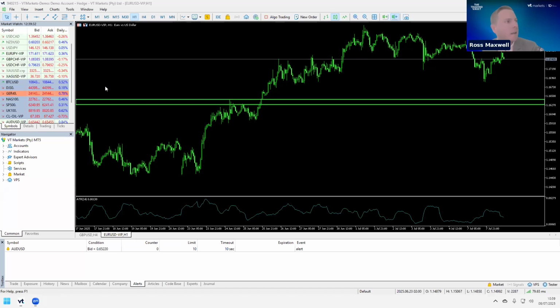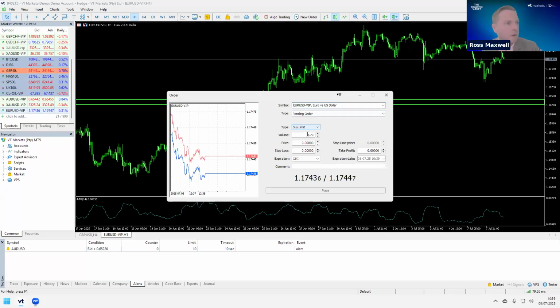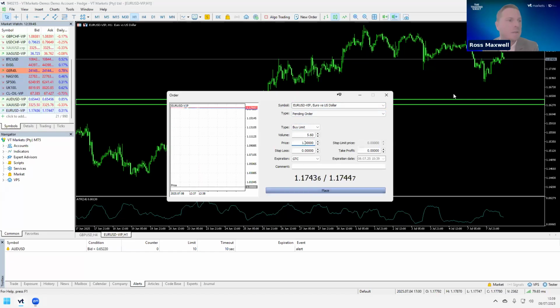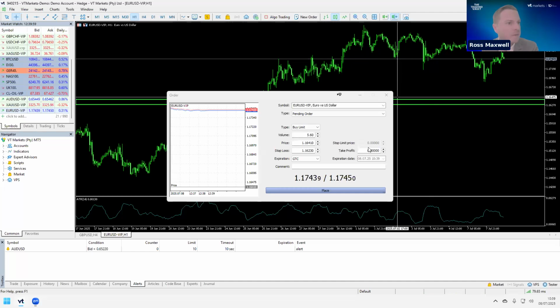I'm going to place an order. Buy limit 5.6 lots. My price was at the top of that, which is 1.1641. My stop is 18 points, so it's 1.1623. And for my take profit, I'm going to look back towards this swing low here, around 1.1685.